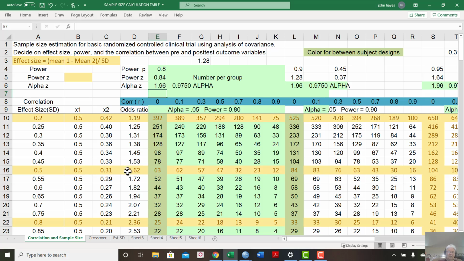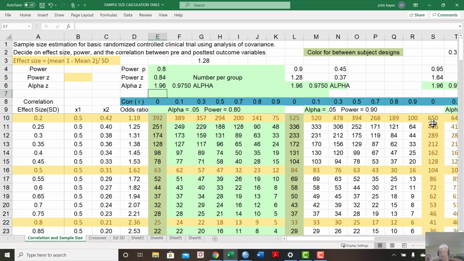That's an equivalent way, using proportions, to a standard deviation change of 0.5 standard deviation difference between two group means. Now, if you did not have analysis of covariance, you would use the values in here.